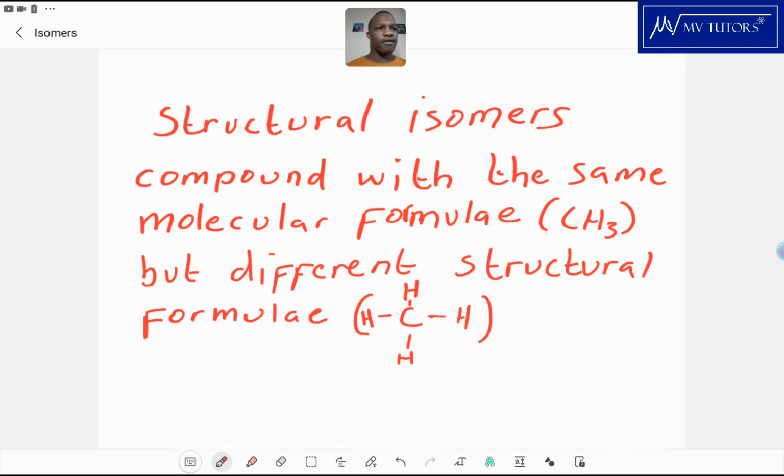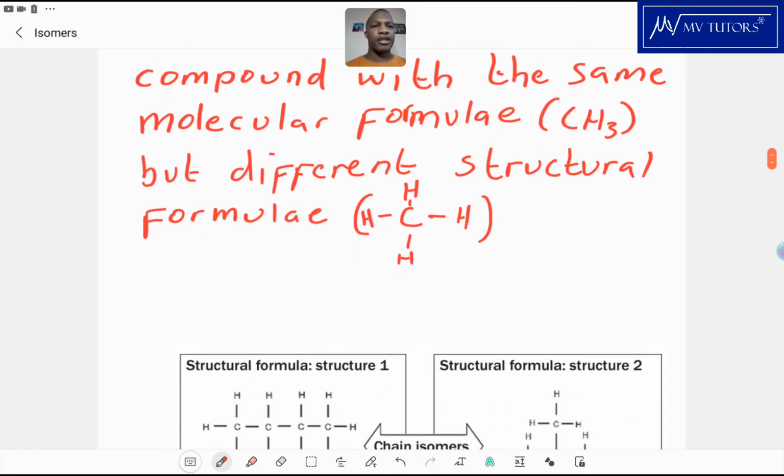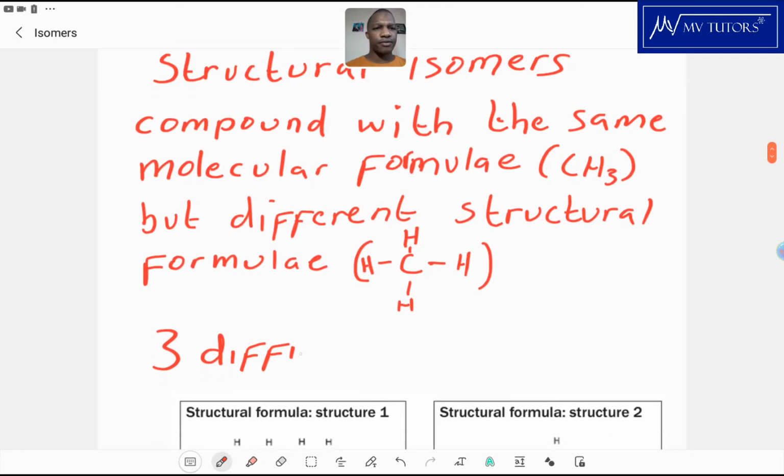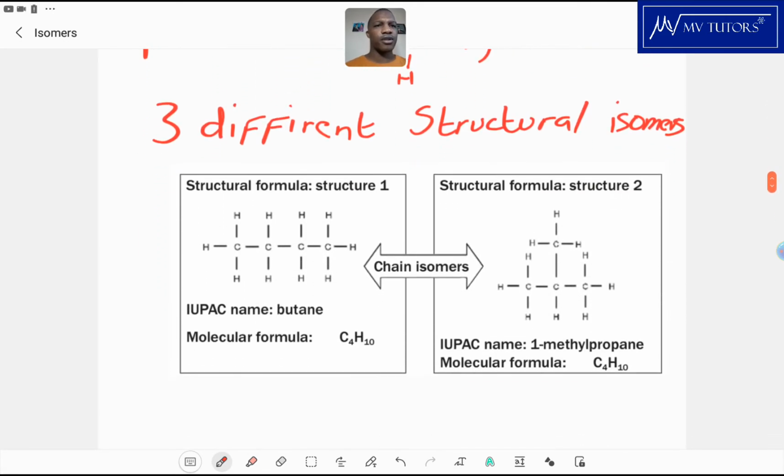So they have the same molecular but different structural. Now there are 3 different structural isomers that we are dealing with. Three different structural formulas.